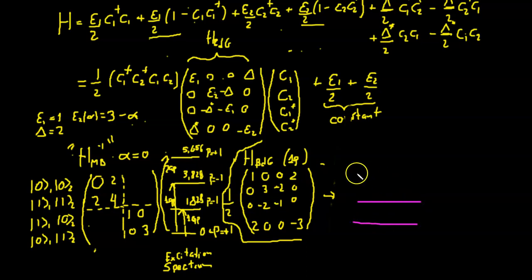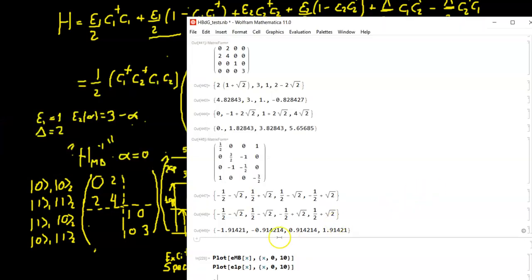This, and this is kind of 0. So I have minus 1.91.